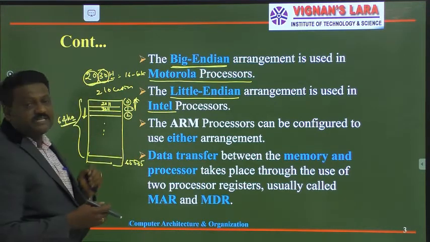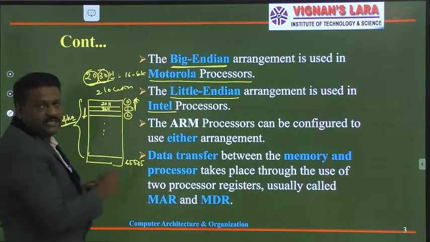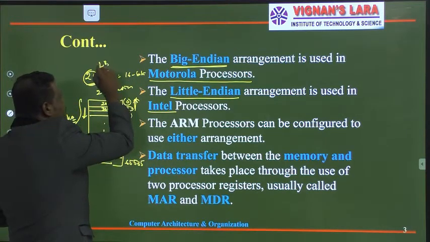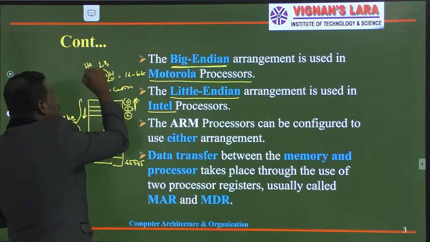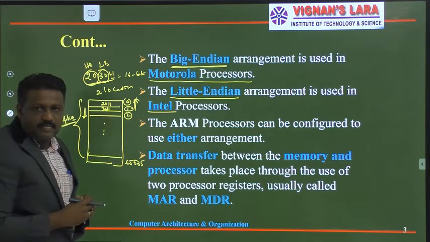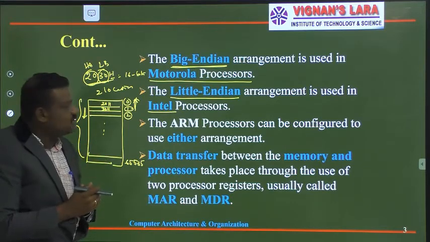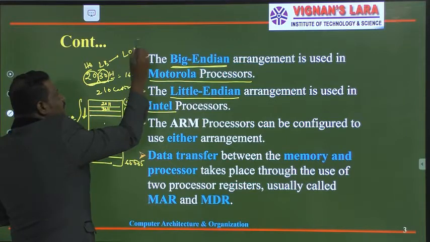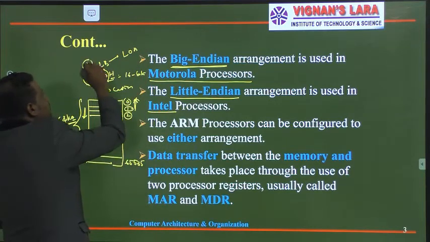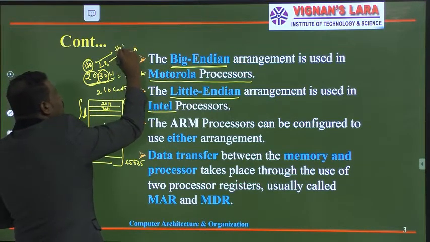Again you can take the same example. In the big endian style, the lower order byte of a data goes to the higher order address and the higher order byte of a data goes to the lower order address. If you take the reverse, that means the lower order byte of a data goes to the lower order address and the higher order byte of a data goes to the higher order address.